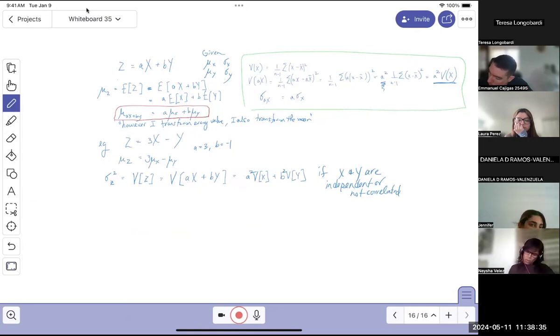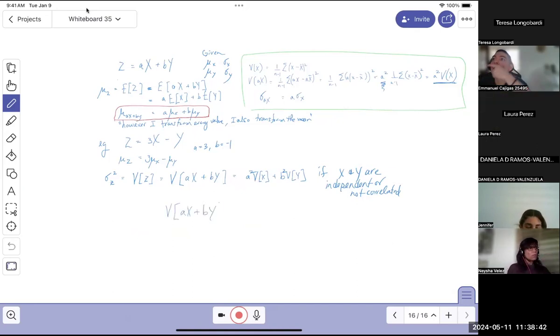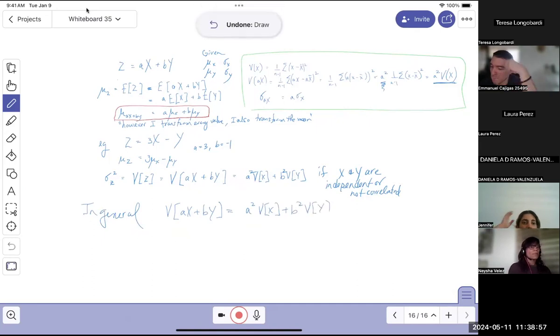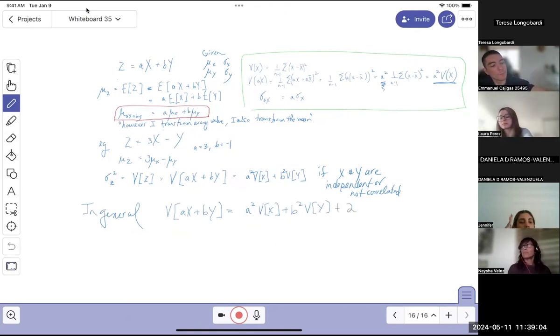So this is true if X and Y are independent, but the variance of AX plus BY in general is equal to A squared VX plus B squared VY plus 2AB covariance X, Y.